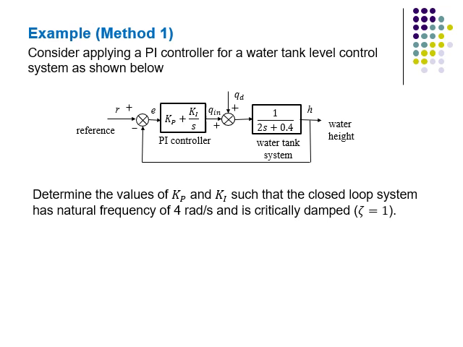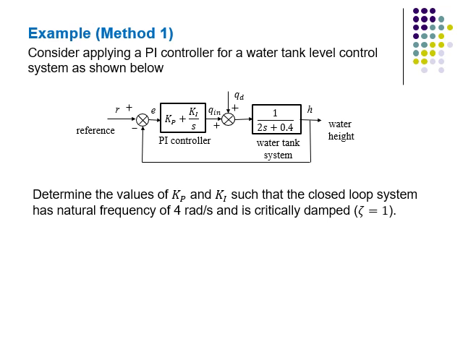The question is to determine the values of Kp and Ki such that the closed loop system has a natural frequency of 4 radians per second and is critically damped, which means that the damping ratio should be equal to 1.